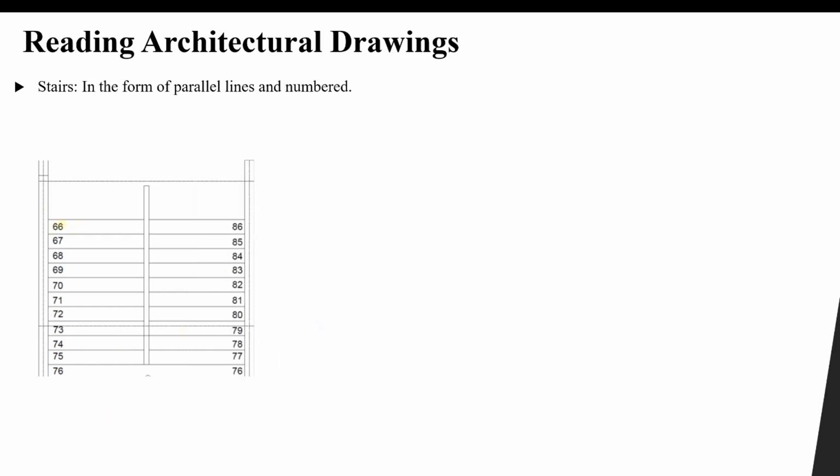We start from here. Why from here? Because as you can see, 66, 67, it means that we are going up like this, and then we go like this and continue to the next floor. So we go from the lower number to the upper number. We will see this in the drawings.